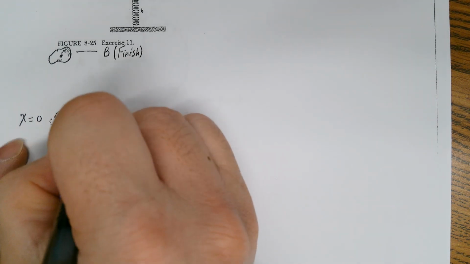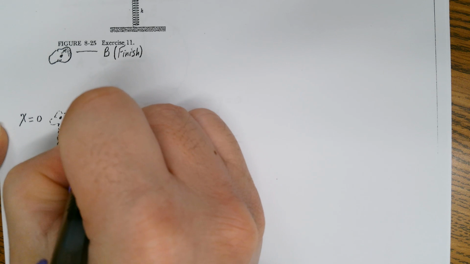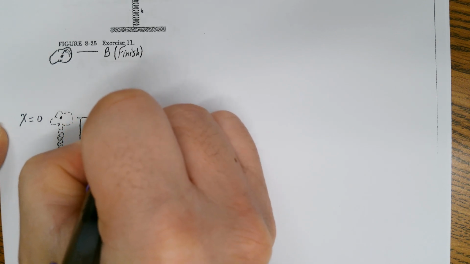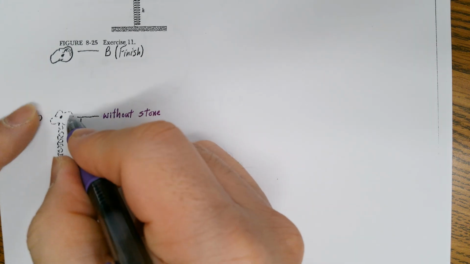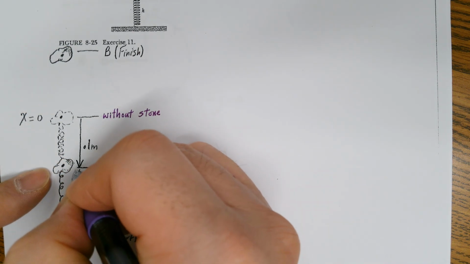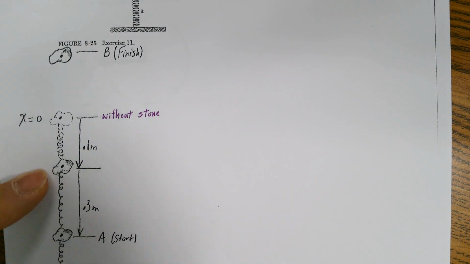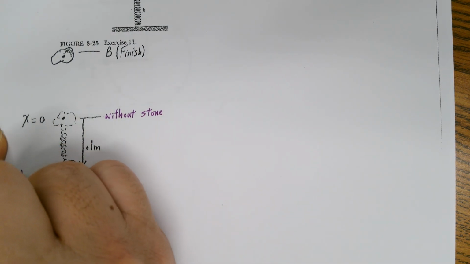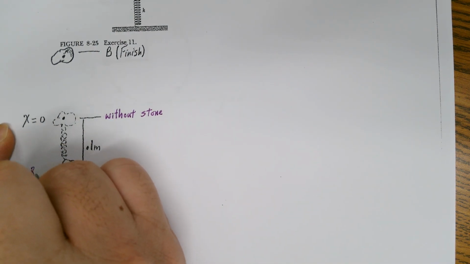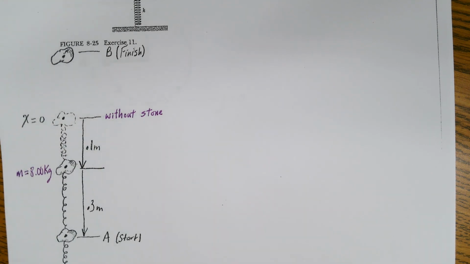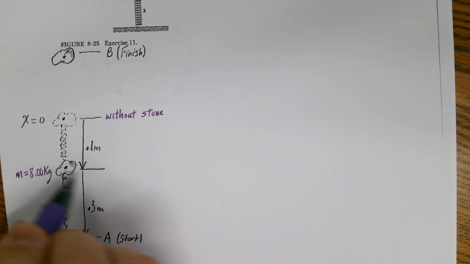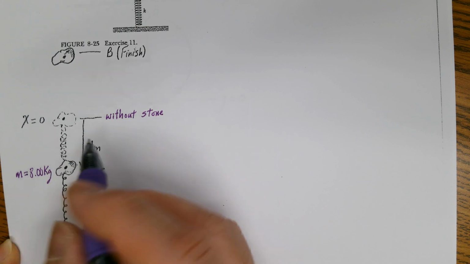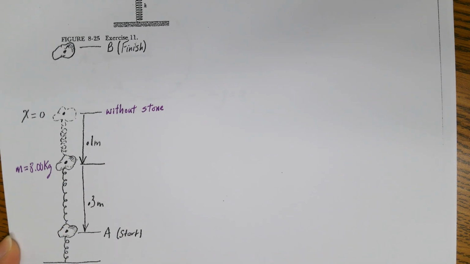This point is without the stone, and when you put the stone on it, it compresses this much. The mass of the stone is equal to 8 kilograms. So this is actually the equilibrium position of the stone-spring system.